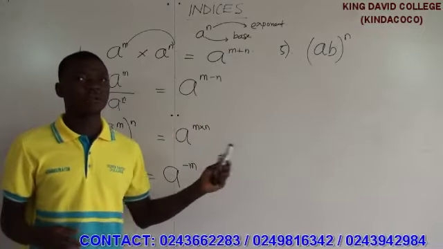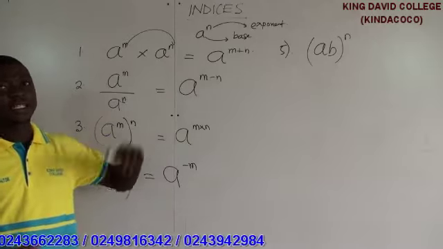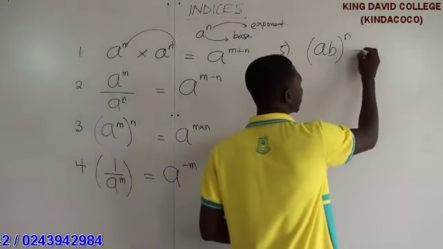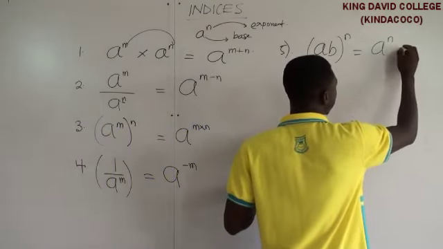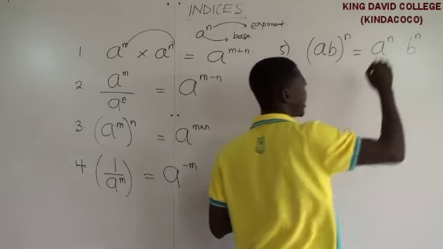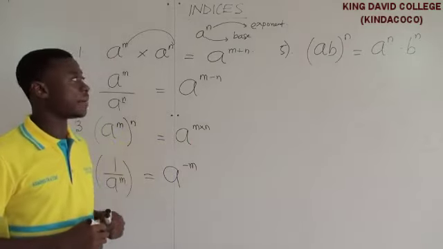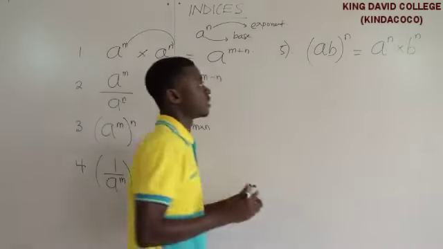Okay, we have two numbers already multiplying themselves, and then we are raising it to the power. Then in this case, a is going to carry the power, multiplied by b going to carry the power. So a is going to carry the power, and then b is equally going to carry the power. This is multiplication.